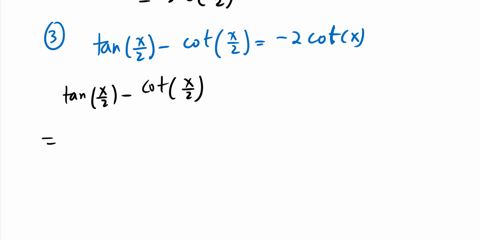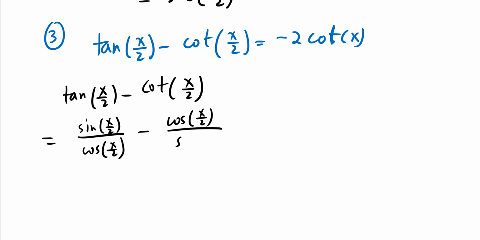Let's see. The way I'm going to do this, first method, I'm going to convert things into sine and cosine. So this is sine x over 2 over cosine x over 2, minus cosine x over 2 over sine x over 2.